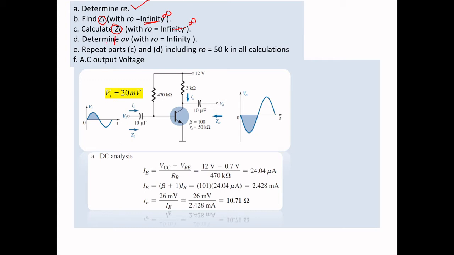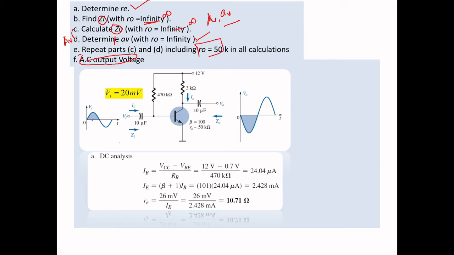In some books it will be written as a capital A with subscript V. Both are the same. Taking r naught as infinite. Next to E, they are asking to repeat calculations C and D considering r naught as 50 kilo ohm. And finally, they are asking what is your obtained AC output voltage.